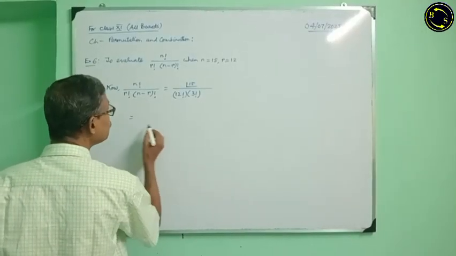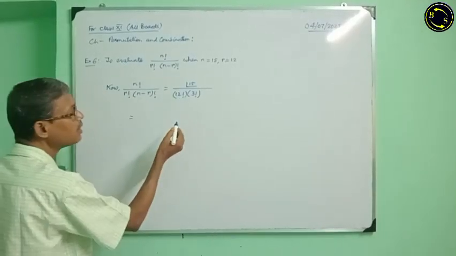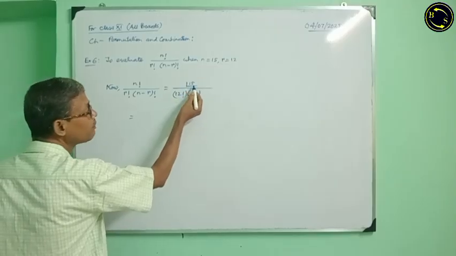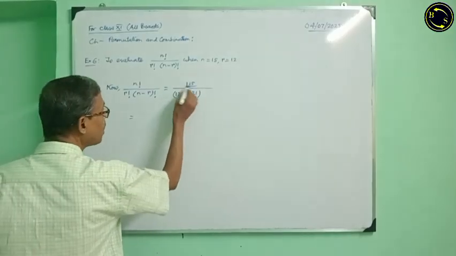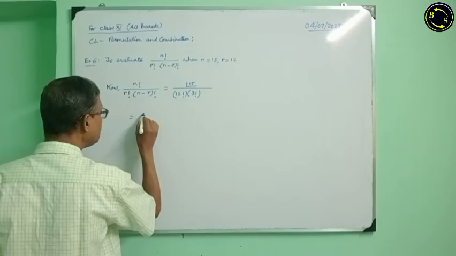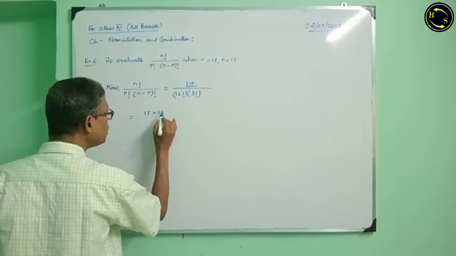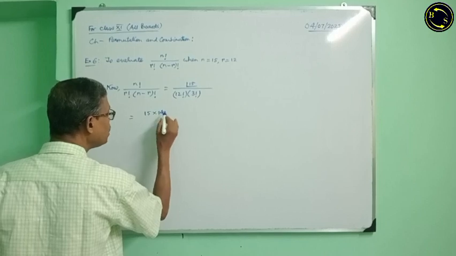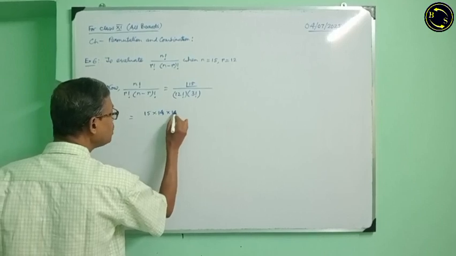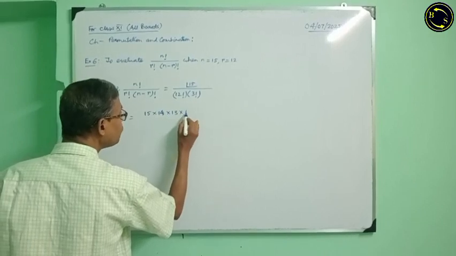That is equal to 12 factorial is there, and at the numerator 15 factorial. Therefore, I write 15 factorial as 15 into 14 into 13 into 12 factorial.